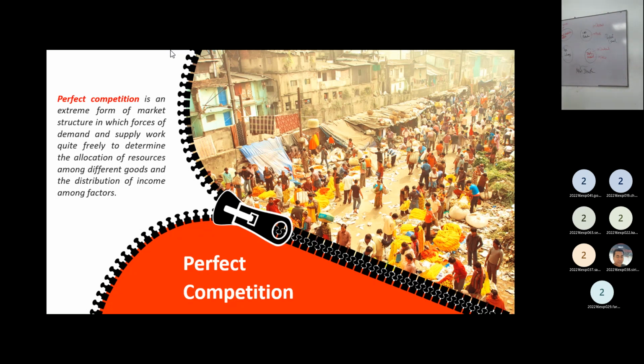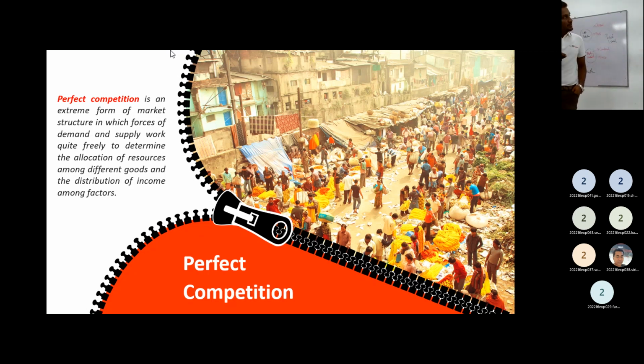And who are these people? Buyers. Can you count? Don't count, just see whether you could do it. In a very simple way, you can't count. So there are many sellers and many buyers.